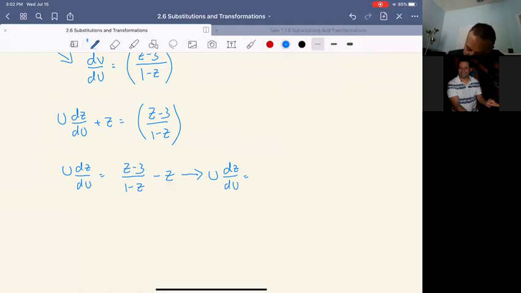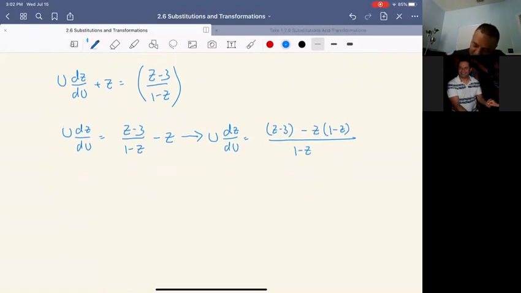So I'm going to write this as (z minus 3 minus z times (1 minus z)) over (1 minus z). u dz du equals, let's see, z minus z cancels, z squared minus 3.